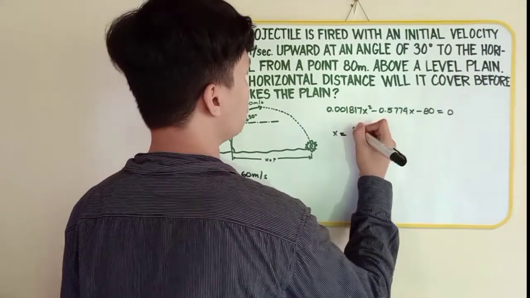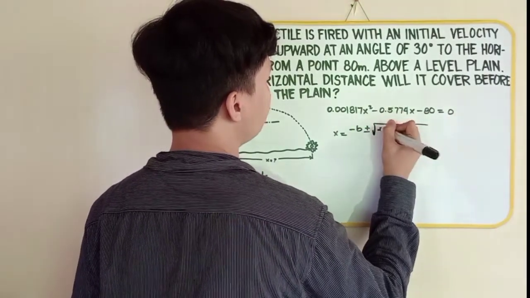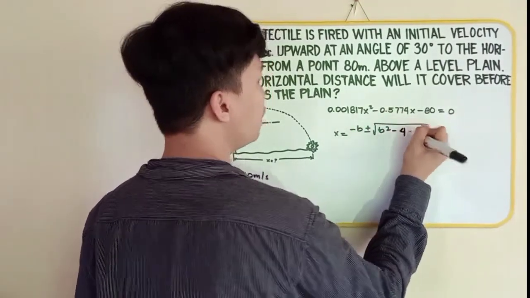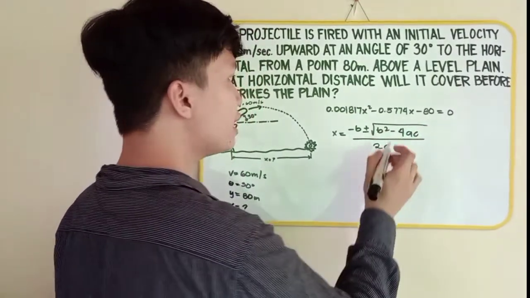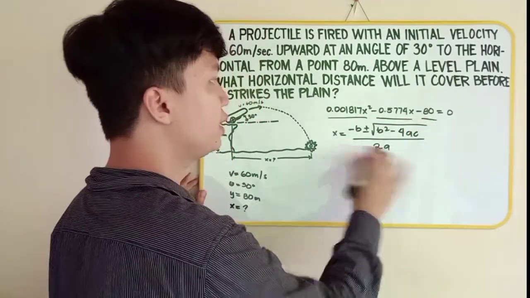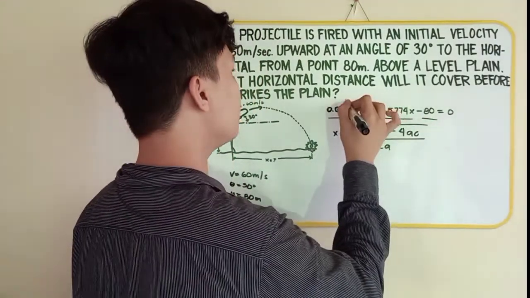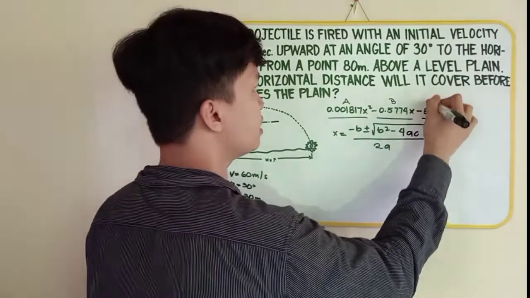x is equal to negative b plus or minus the square root of b squared minus 4ac, over 2a. So we will just substitute the terms here to the formula. The first term will be the a, the second term is the b, and the constant is the c.